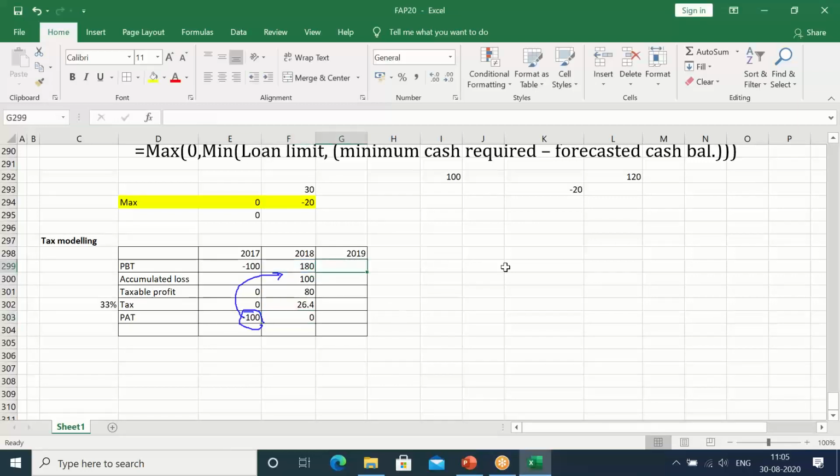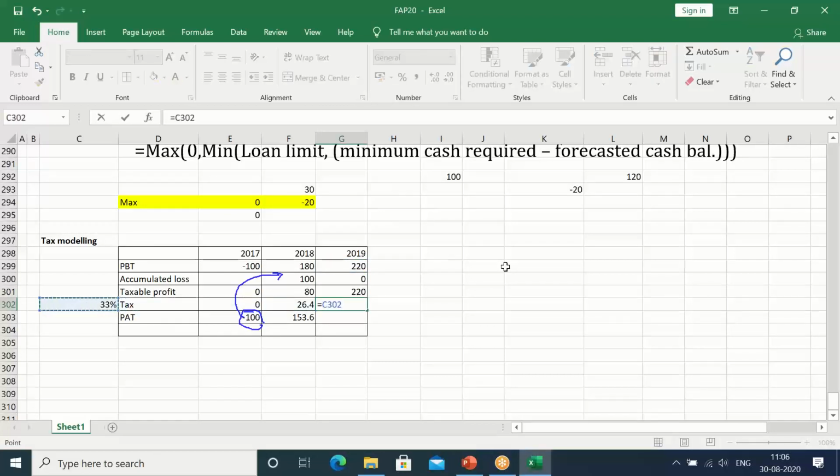So let's assume for 2019, again the company gets a profit of 220 rupees. Now there is zero accumulated losses, because whatever losses were available have been offset. So your taxable profit will be the full amount, and your tax would again be 33% of this.